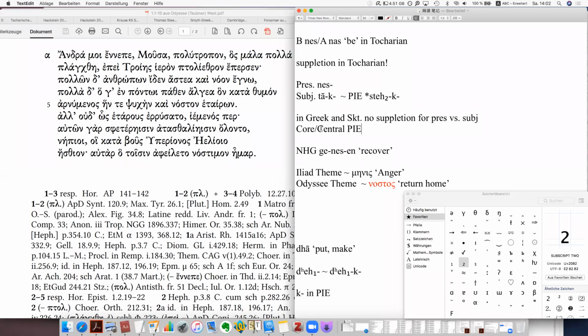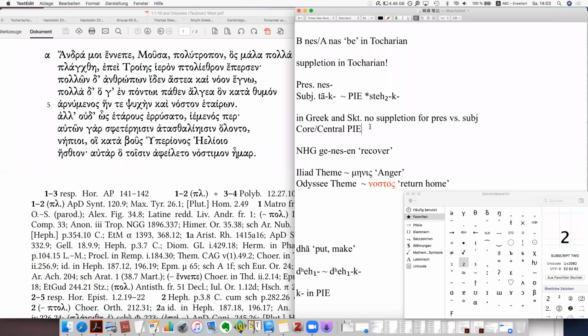Actually, there is some terminology. We can reconstruct the Indo-European system based on Greek and Sanskrit. This is very successful, and had already been established before the discovery of Hittite and Tocharian, or Anatolian to be specific, Anatolian and Tocharian.